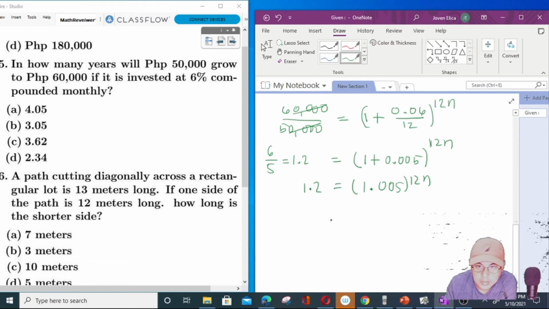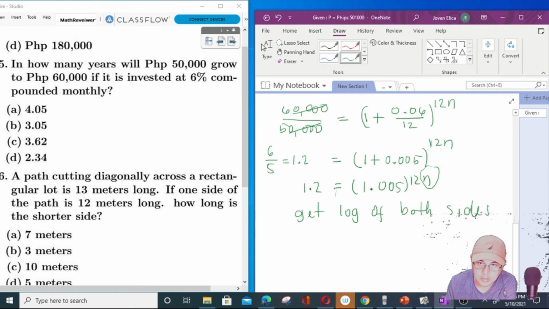From this equation, how can we solve for n? We need to get the log of both sides. So if we get the logarithm of both sides, ln of 1.2 is equal to ln of 1.005 raised to 12n.